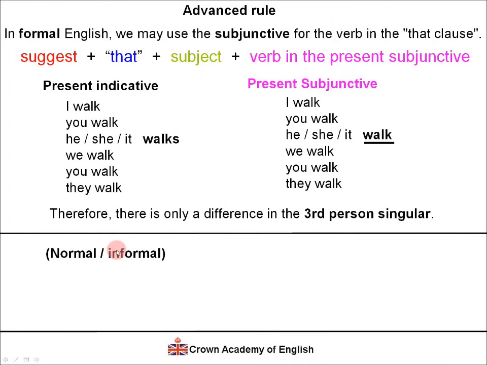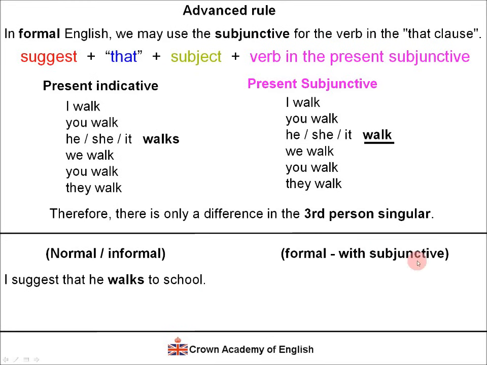So an example. If we were just using the normal or informal English, we would say, I suggest that he walks to school. Okay? But if we want to use a subjunctive, if we want to be very formal, then we say, I suggest that he walk to school.